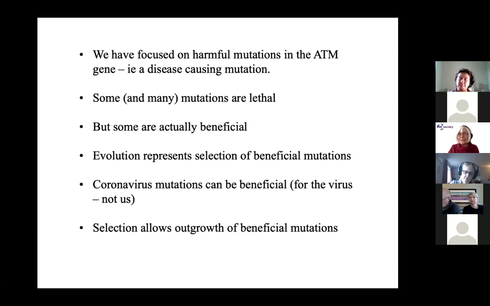You can think of that in terms of the coronavirus, which I so often give as an example, where you may have heard of the Kent variant, where there's a mutation that allows the coronavirus to infect people more avidly, and that's beneficial for the virus, at least, not for us. And during evolution, the selection allows the outgrowth of beneficial mutations.